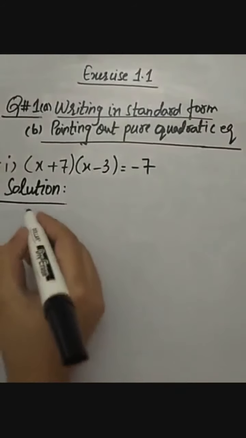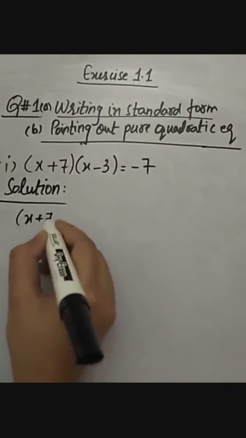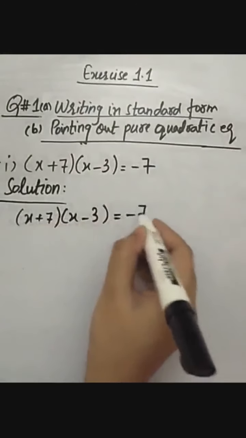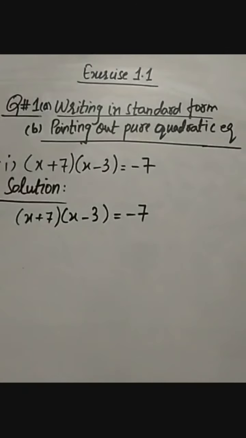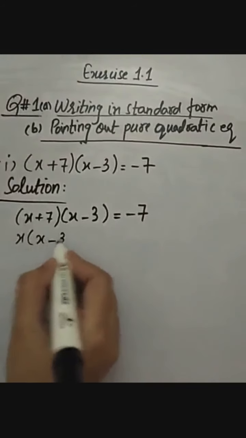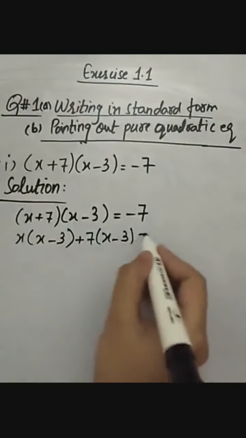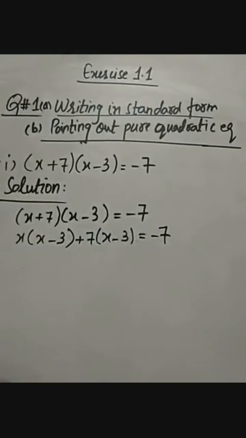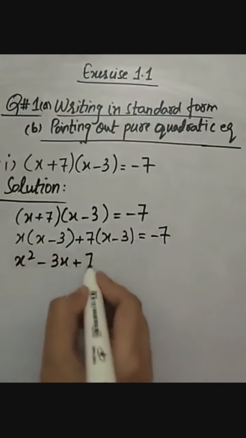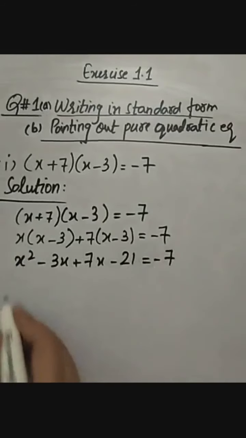First is part 1, x plus 7, x minus 3 is equal to minus 7. Clear? X into x minus 3, x minus 3 is equal to minus 7. X into x, x square minus 3x plus 7x minus 7 3 that 21 is equal to minus 7.